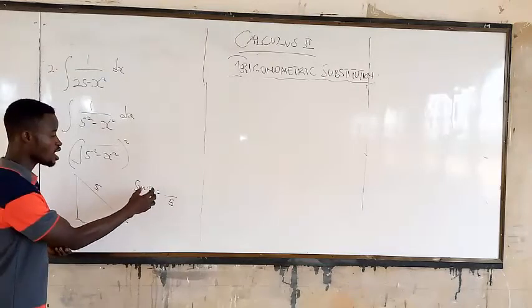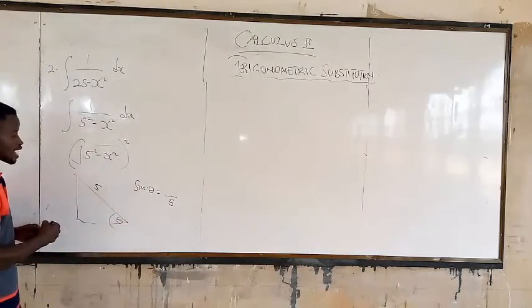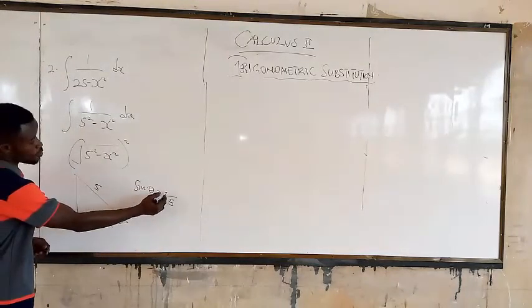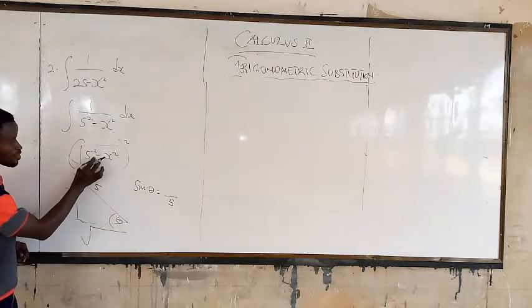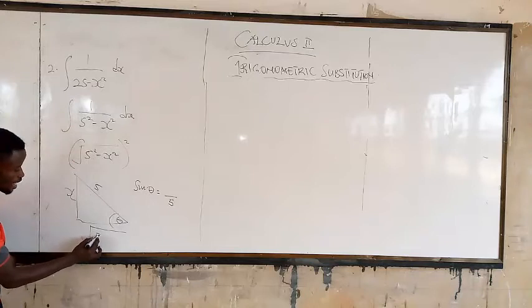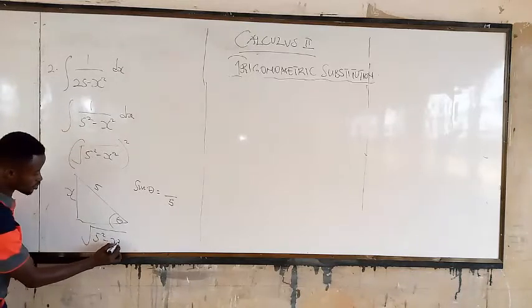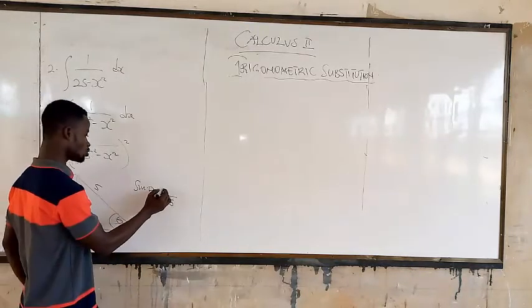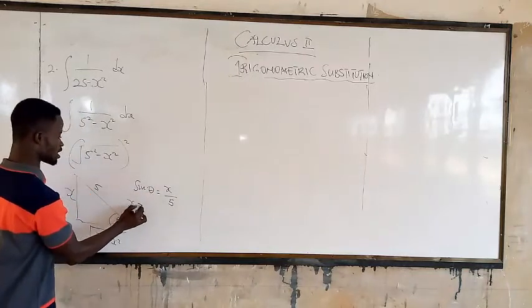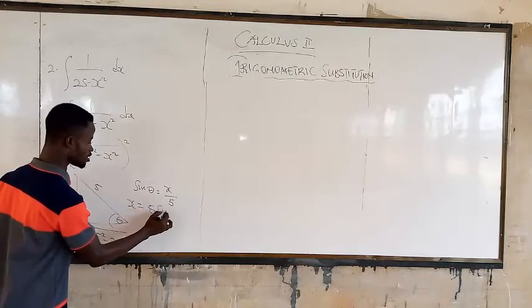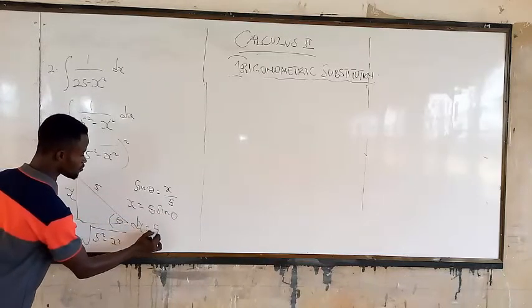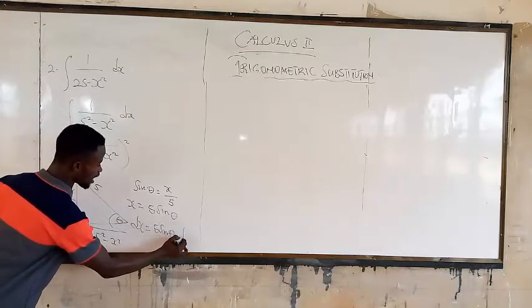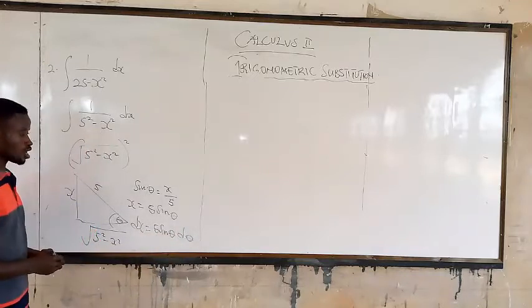That means that the opposite should be s, and here will be the side because of this negative: 5 squared minus s squared. So here is s. So we get s to be 5 sine theta. So ds is going to be 5 cos theta d theta.